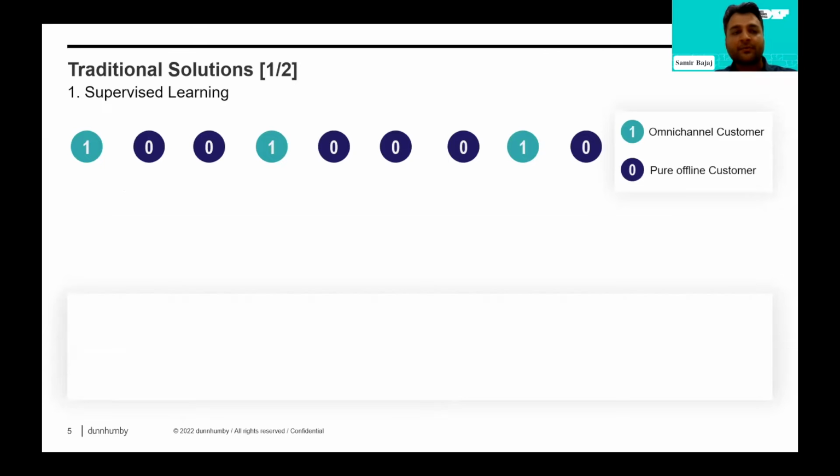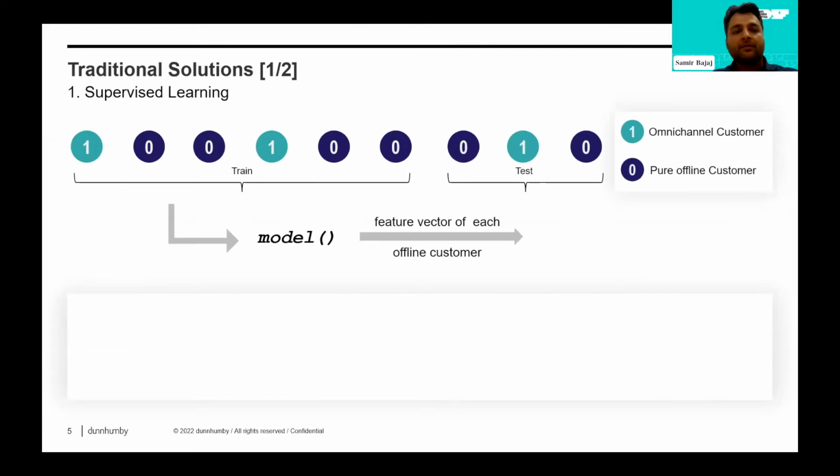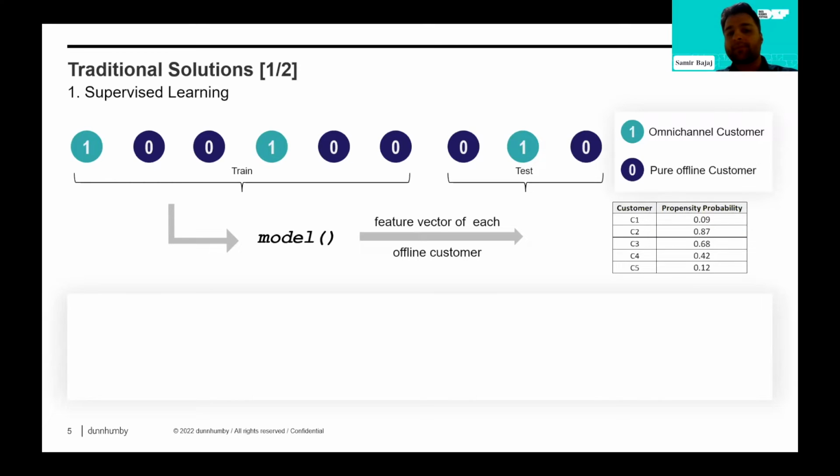So one traditional approach would be supervised learning. We do a simple train test split. We create a model on this train set, optimize it, improve it. And once we have that optimized model, we apply it on the feature vector of each and every pure offline customer to compute their probability of shopping online.